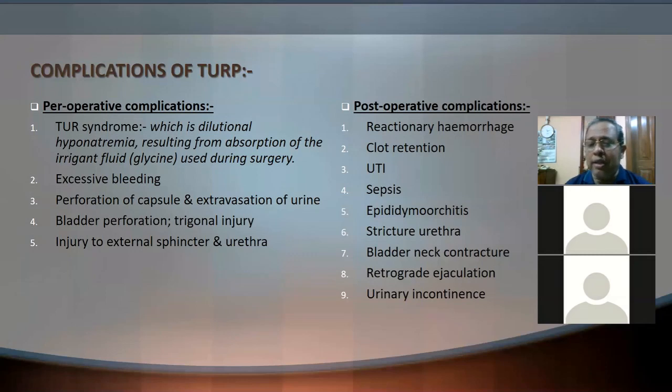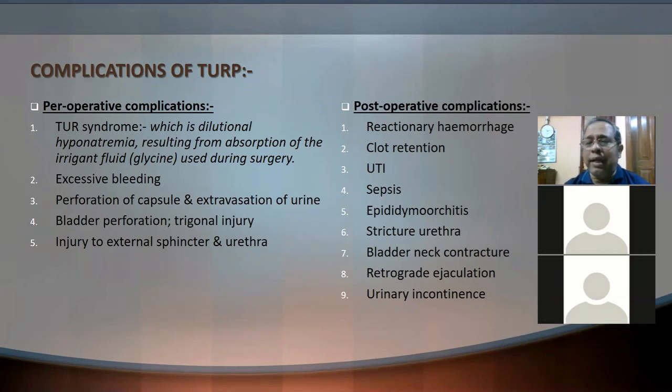Whenever you cut the tissues of the epithelium, the vessels are exposed. Due to the high pressure, to some extent the fluid is absorbed through the venous system into the circulation. That causes volume overload in the elderly patient.